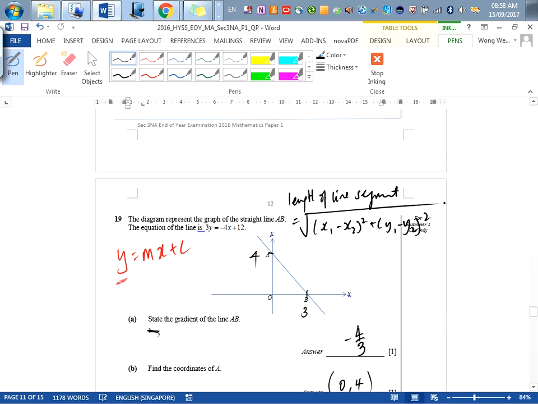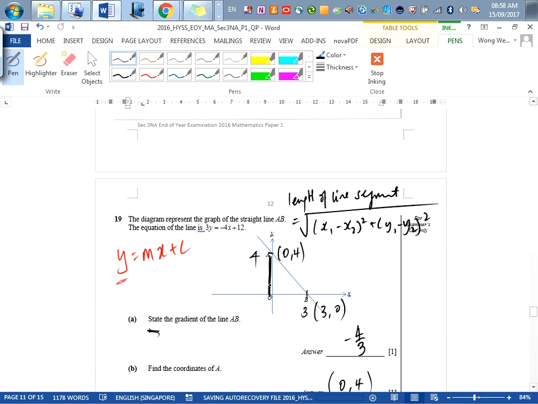You can use Pythagoras. In fact, this is how we use Pythagoras to get this. So if you memorized this formula, then you'll be substituting. Over here we have 0, 4 and over here we have 3, 0. You'll be substituting these values inside, and you will get a correct answer. But if you choose to just apply Pythagoras straight away, in this case it's very easy to do so.